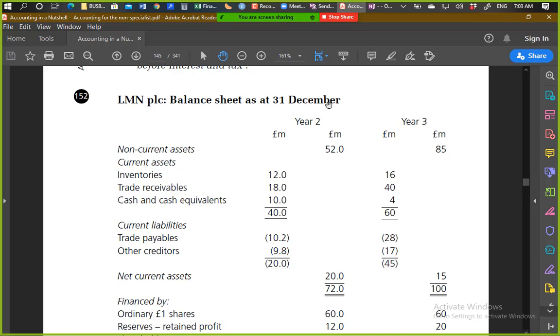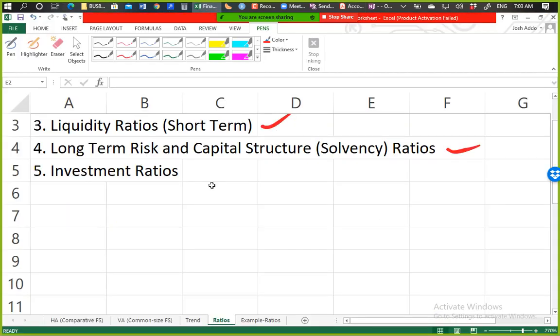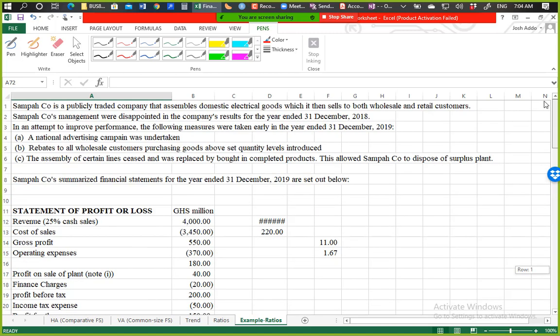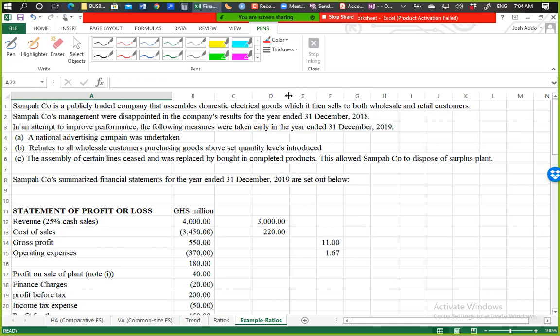Oh, let me check if I have some questions for demonstration here. Okay, I have one here, so this will be better. This is more standard than the one in the book, so let's use this. So we have this financial statement for a certain company, Sampa Company.